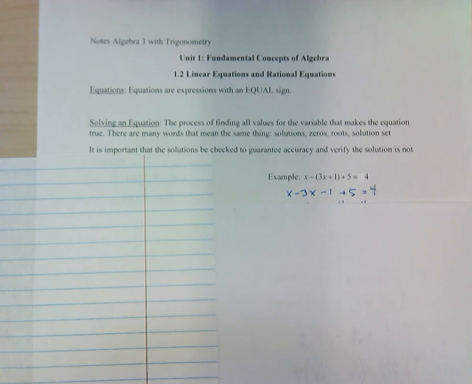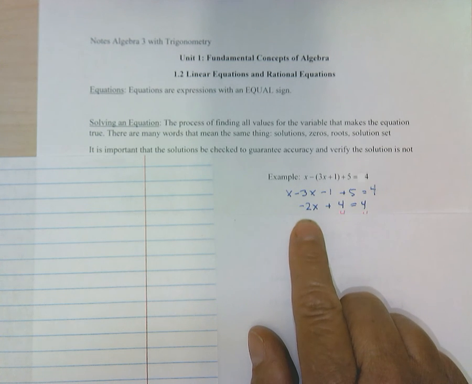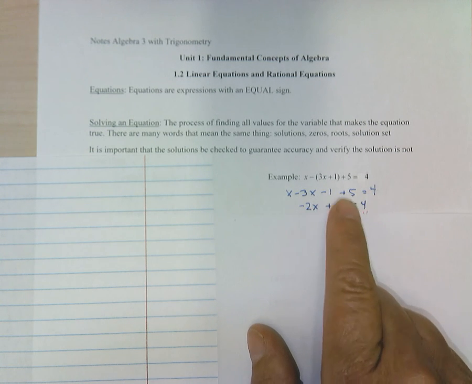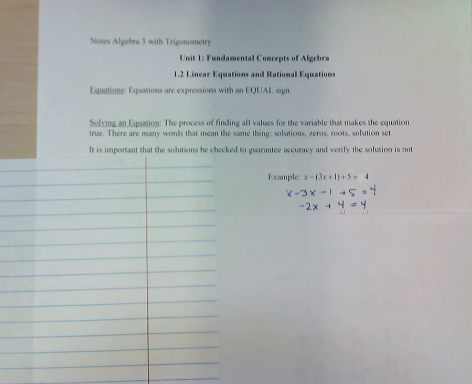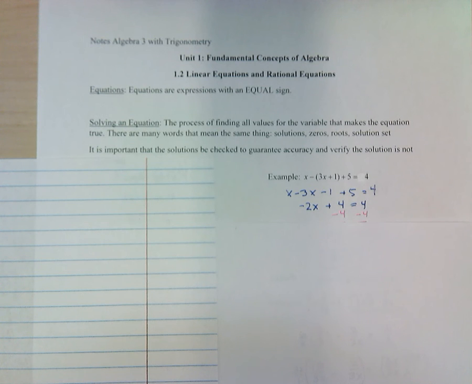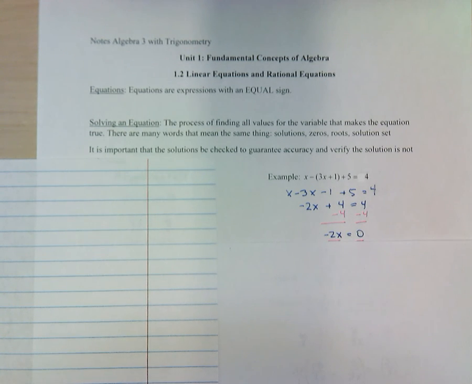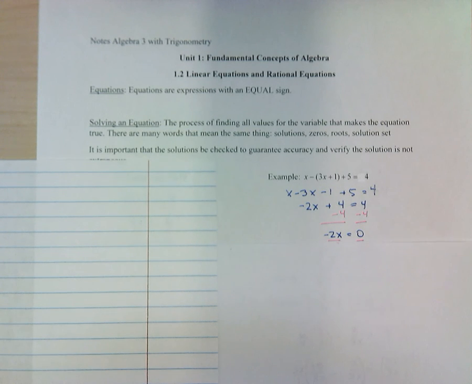Then I just start cleaning up. I combine x and -3x to get -2x. I combine a -1 and a 5 to get 4, and it equals 4. I want to isolate the x value, so I'm first going to subtract 4 from both sides. And I get -2x equals 0. I divide by -2, and I get x equals 0.